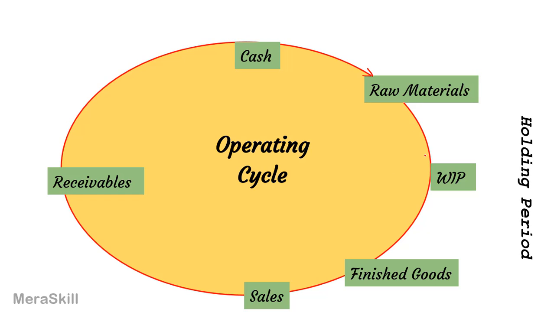So that's what is that called? That's called our collection period. So sales become receivables, and by the time the goods are sold and they become cash, that is called the collection period. This is an operating cycle.